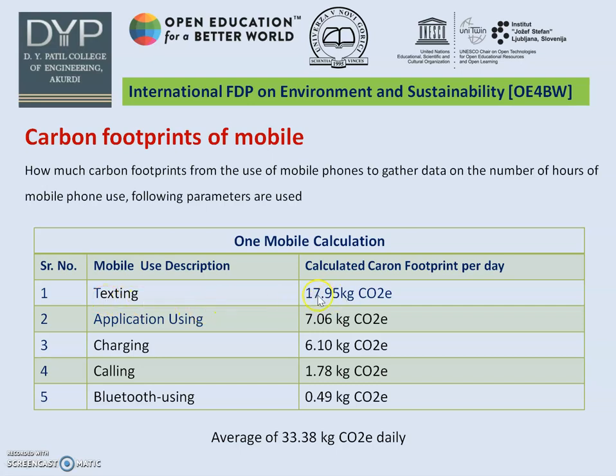For texting, 17.95 kg CO2 emission takes place. For application using, 7.06 kg. For charging, 6.10 kg. For calling, 1.78 kg. And for Bluetooth using, 0.49 kg. On average, 33.38 kg CO2 emission takes place daily.